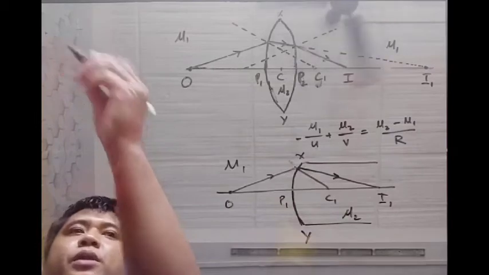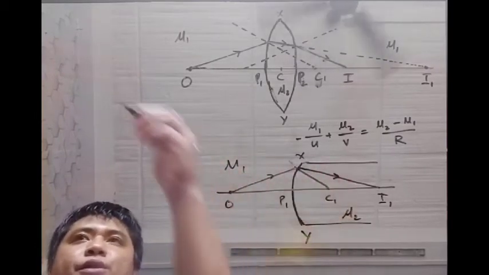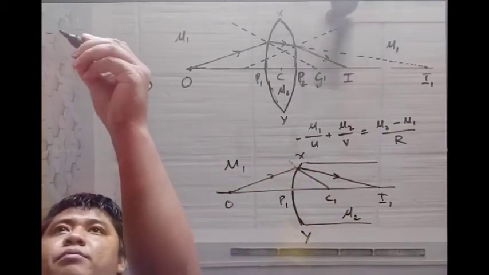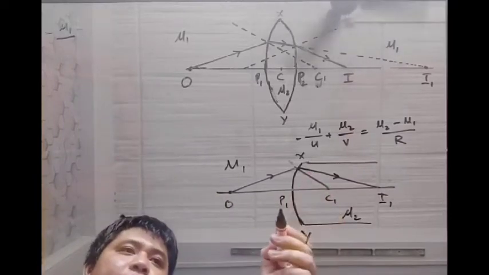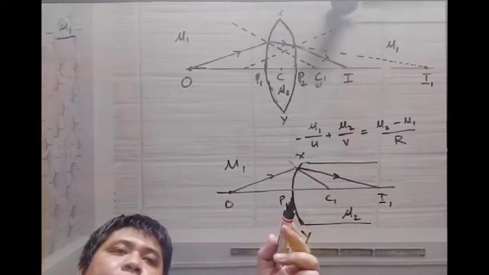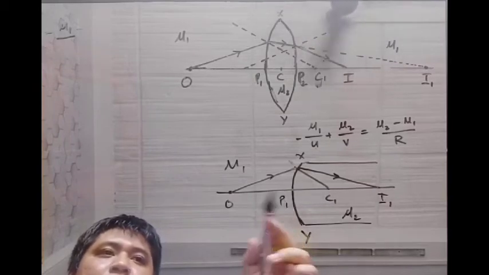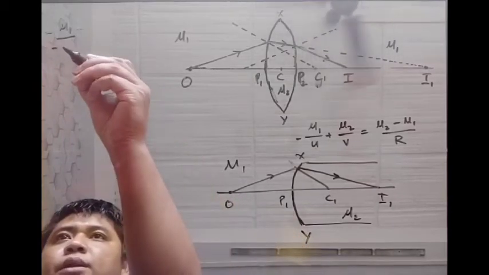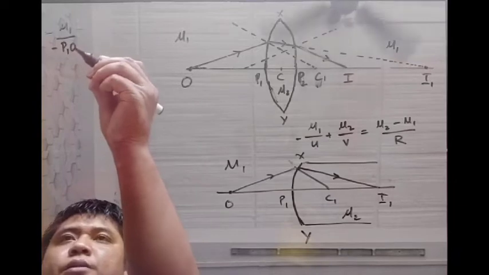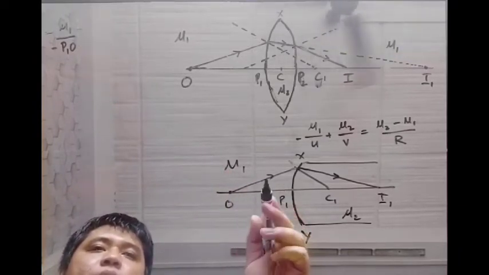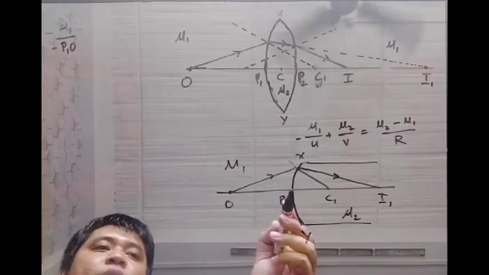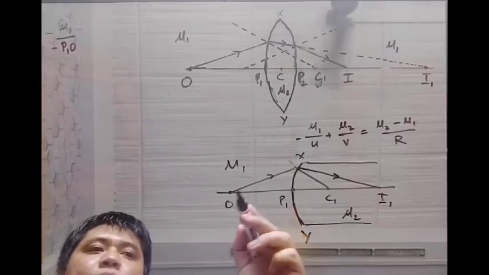It travels from mu1 to mu2. So minus mu1 by u, u is P1O. It is negative, since it is against the incident ray. P1O is from right to left.